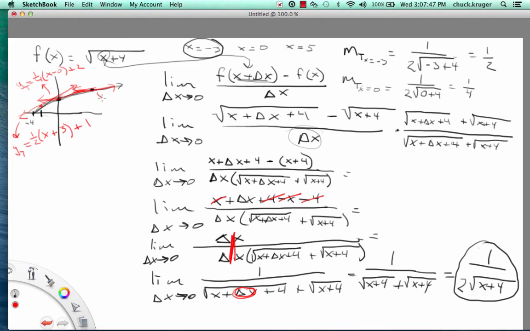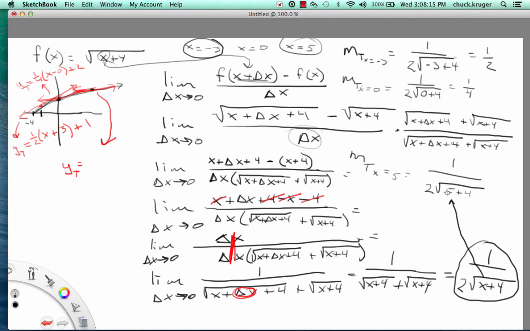That tangent line right here, my messy tangent line, is going to be y sub t equals. Now let's take a look at here. So I'm going to have the slope of that tangent line at x equals 5. And so I'm going to have 1 over, again, I'm using this formula, 2 times the square root of 5 plus 4, because that's my x right here.